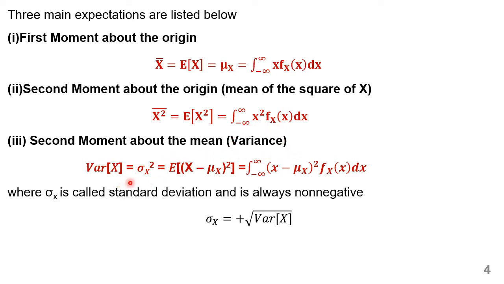VAR of x is equal to sigma x square, that is equal to the expectation of x minus mu x whole square, that is equal to the integral of x minus mu x whole square fx of x dx between the interval minus infinity to infinity, where we call sigma x the standard deviation, and it is always a non-negative quantity. So sigma x is equal to plus root of variance of x.